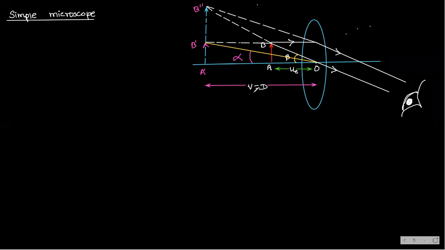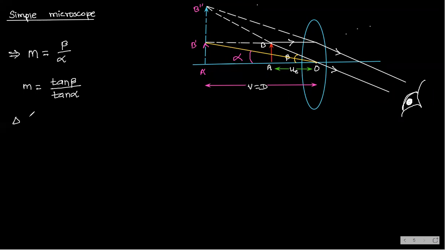According to the definition, magnifying power is equal to beta by alpha, as in the previous case. As angles are very, very small, I am writing tan beta divided by tan alpha. Listen carefully, I am going a little fast.